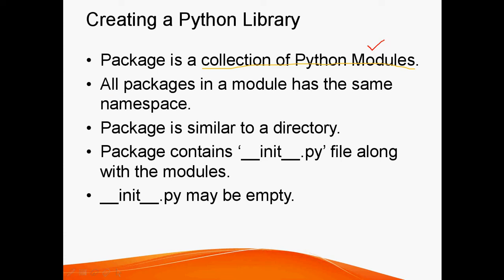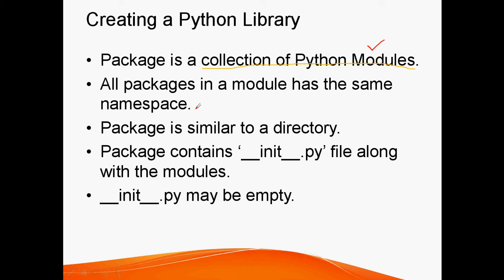Now all modules in a package have the same namespace. We said the names are stored in a particular place, or it is a group of names. So the names are stored in a particular place and a package has a namespace also. Every name used in the package will be in the namespace of that package.